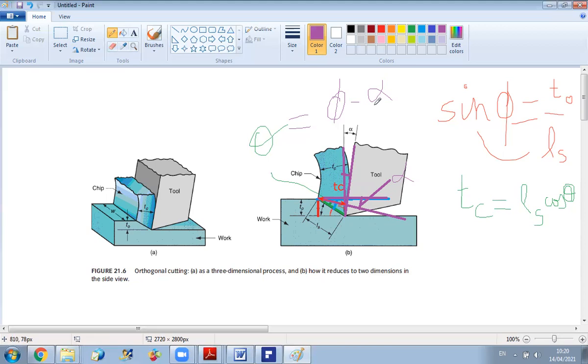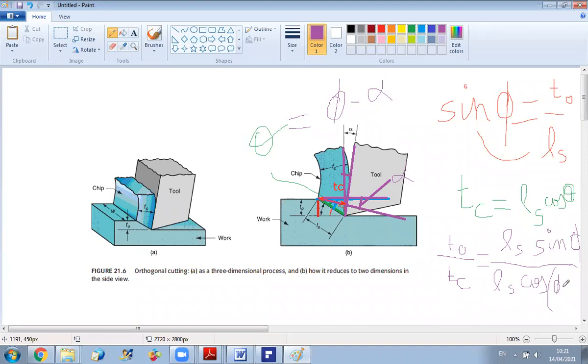Okay, so once I got the angle here, I can replace theta by its value, and now I can find the ratio of T0 over Tc. As you will see, the length will be simplified, because you can replace T0 by the shear length times sine phi, and you can replace Tc, the chip thickness after the cutting operation, by the shear length times cosine of phi minus alpha.